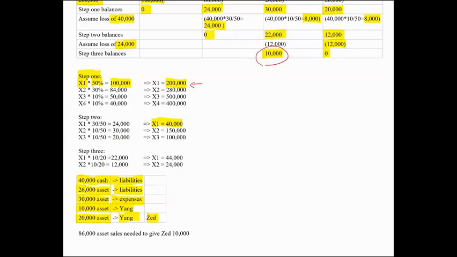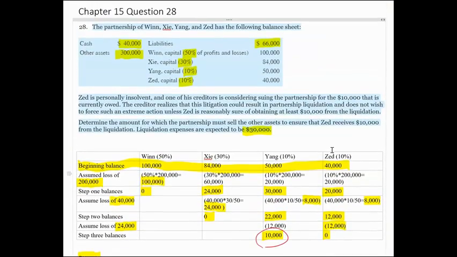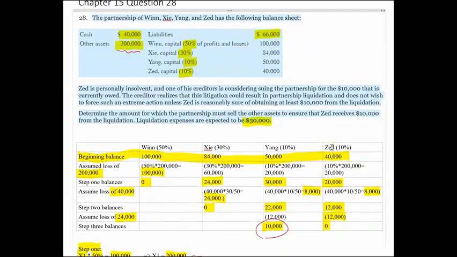Based on this last table, we can calculate how much asset needs to be sold to obtain 10,000 for Z. In total, that is 86,000. So if the company can obtain $86,000 cash by selling the assets, then Z can get 10,000 to pay for his liabilities. Looking at the balance sheet and their total other assets of 300,000, it's likely that they do have enough funds to pay for it.